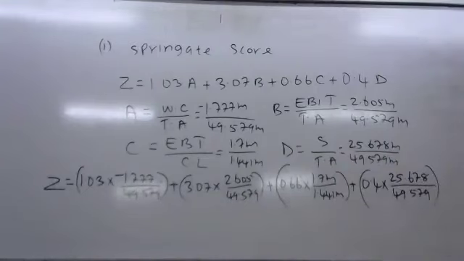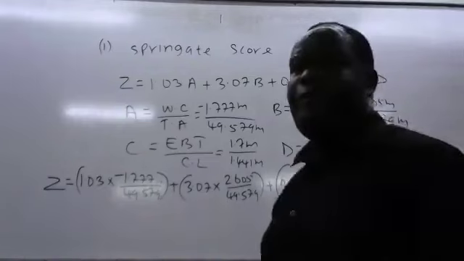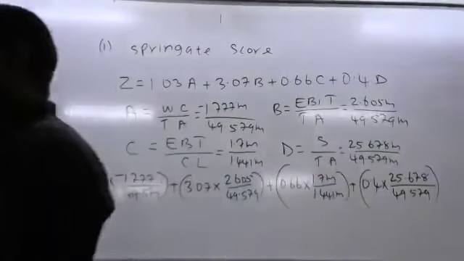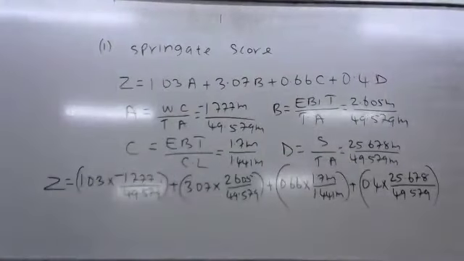So combine them together. Your calculator has the capacity to do that. If you round each ratio separately, it will change the results.